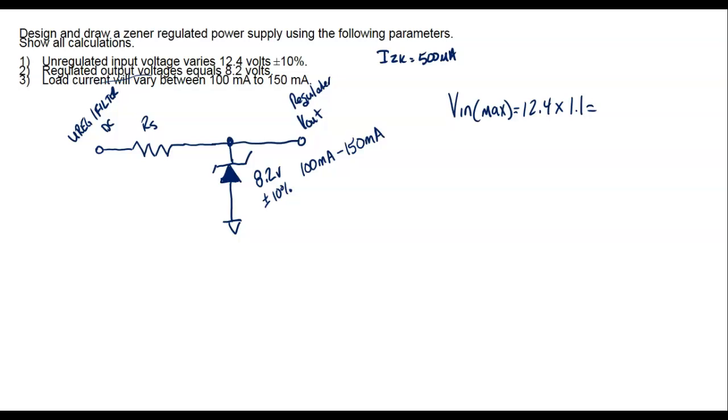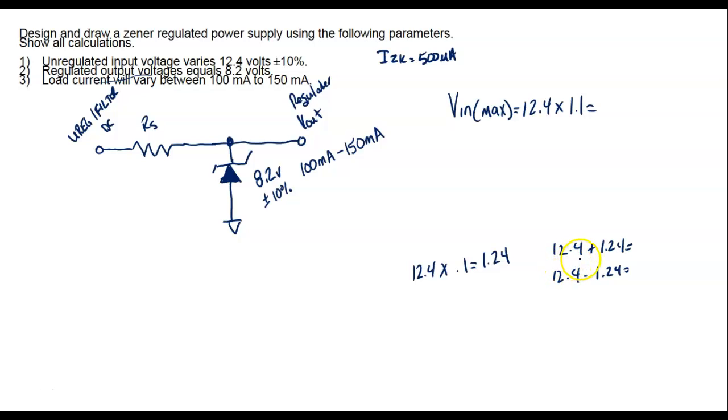So if I want to increase it, back in DC, the way you learned how to do percentages is I'd take the 12.4, multiply it by 0.1, and then see what that comes up to. And then I would take my 12.4 and add 1.24 to it, and then I would take my 12.4 and subtract 1.24 from it, kind of like you did in DC when you were calculating your resistor values, right?